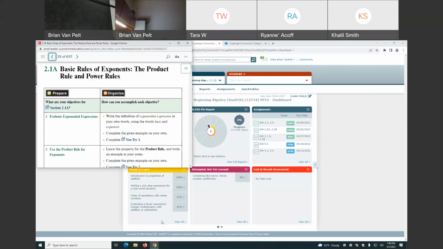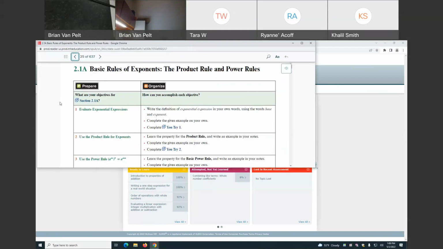Okay, these are the sections that we've done. These are the ones that you need to prepare for this last test. We have been doing exponents and nothing but exponents.